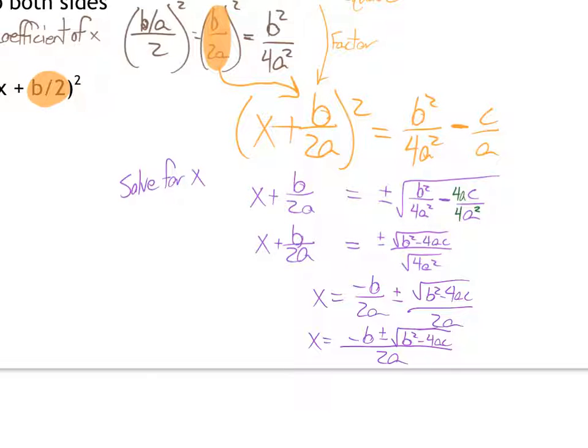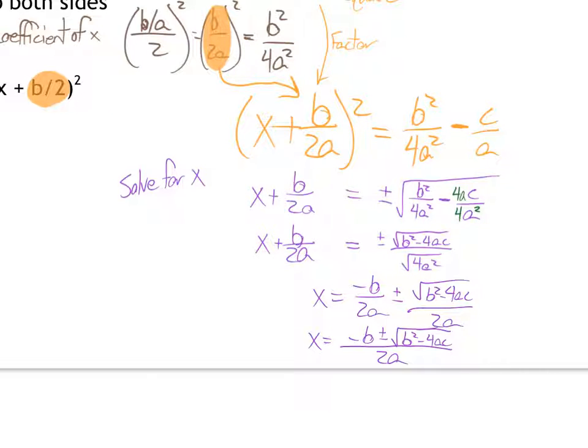It comes from a process that people do over and over again with numbers, and they recognize, why am I doing the same thing over and over? So what they do is they plug in letters instead of numbers, and they come up with a formula. This is our quadratic formula. This is where it comes from.